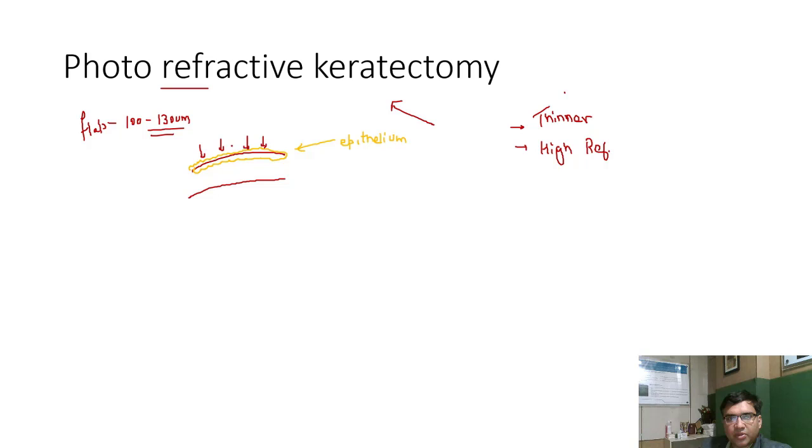But because the epithelium is a very sensitive structure, the patient says after surgery, sir, I am getting a lot of pain. To avoid pain, you can put a bandage contact lens here, and beneath it there can be a regrowth of epithelium. So this is called photorefractive keratectomy, done in patients who have thinner corneas or high refractive errors.